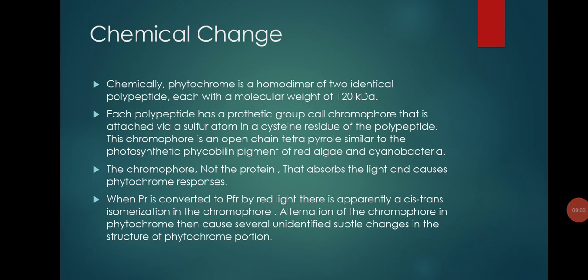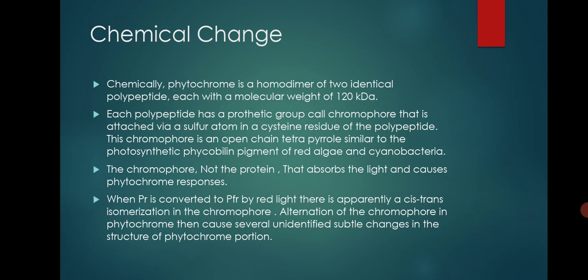Then chemical changes occur in the phytochrome mechanism in plants. Chemically, phytochrome is a homodimer of two identical polypeptides, each with a molecular weight of 120 kDa. Each polypeptide has a prosthetic group called chromophore that is attached via a sulfur atom to a cysteine residue of the polypeptide. This chromophore is an open chain tetrapyrrole similar to the photosynthetic phycobilin pigment of red algae and cyanobacteria.